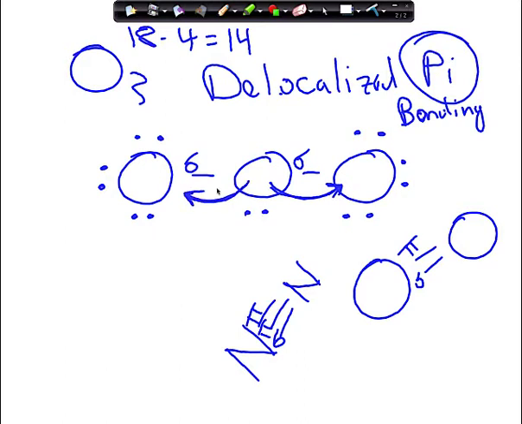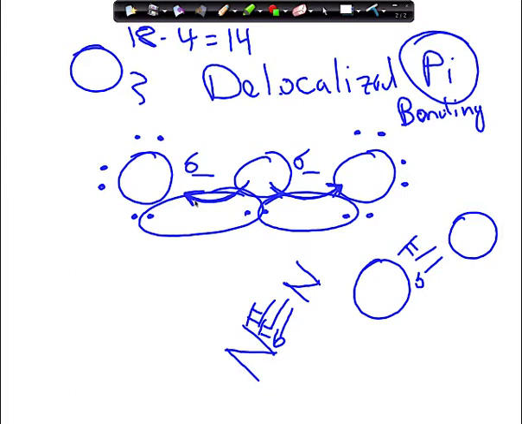Those half bonds are not as strong as a full double bond, but stronger than a single bond, and these are what we call delocalized pi bonds. These guys share and these guys share, and you end up with half of a bond forming in both directions simultaneously. I'll show you better pictures of it in a minute. So guys, do you understand the fundamentals of this?